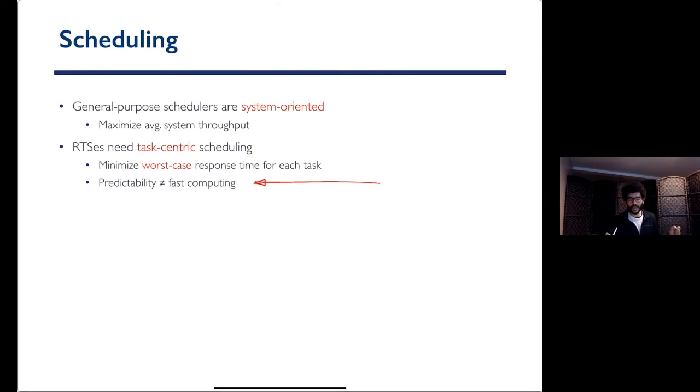It only talks about predictability of the execution. In many cases, as we just discussed, if you want predictability, usually you have to make your system slower. Like, for example, we had to get rid of caches. We had to get rid of DMA, for example. We had to get rid of things here and there to make our system predictable, and getting rid of those probably means a slower execution.